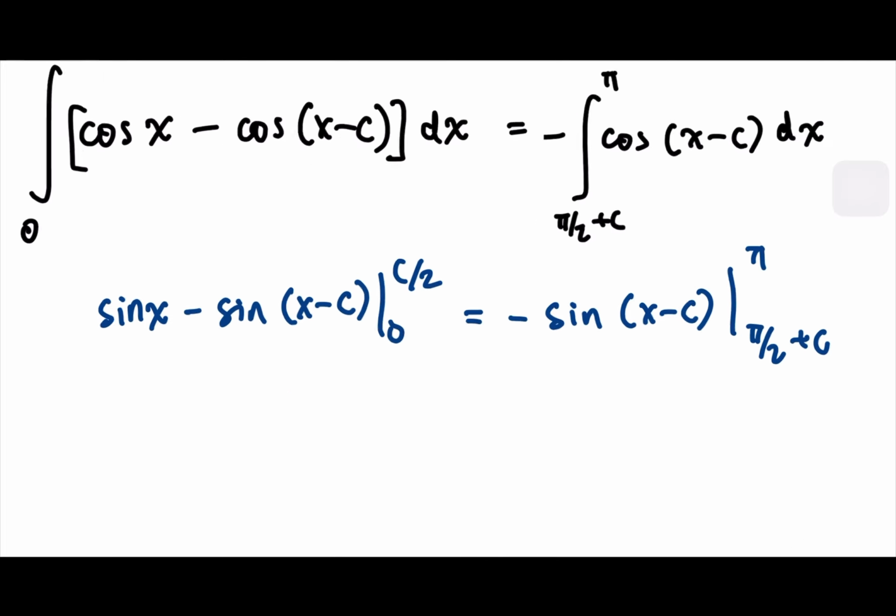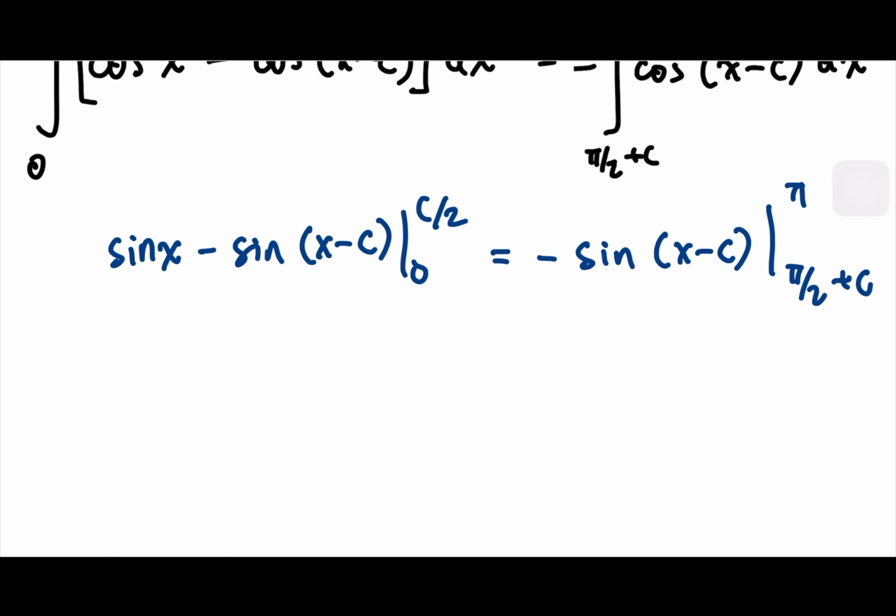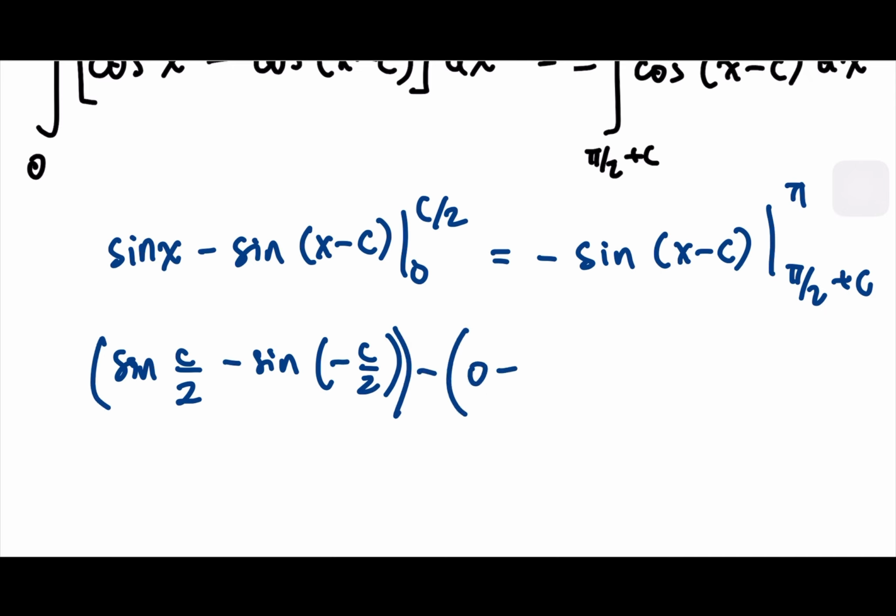Okay, we can calculate slowly. We calculate slowly. And for the 0 part, we still have 0 minus sine of minus c, okay?